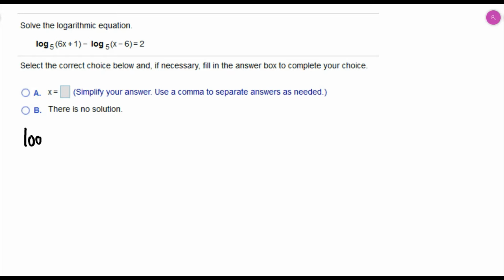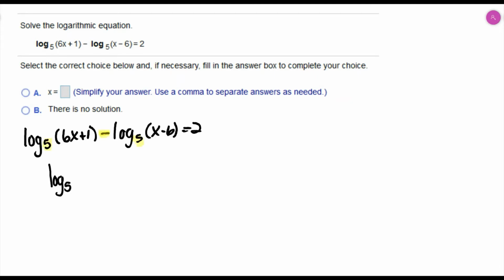So I'm going to start by copying my question. Log base 5 of 6x plus 1 minus log base 5 of x minus 6. And the first thing I'm going to do is condense to a single log. I'm allowed to condense to a single log because these logs have the same base.